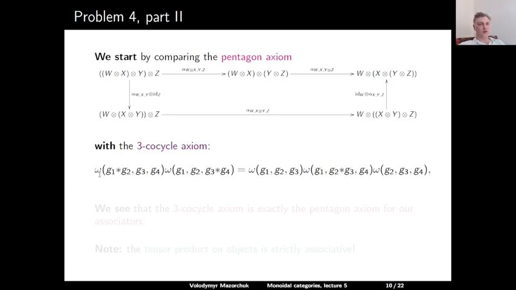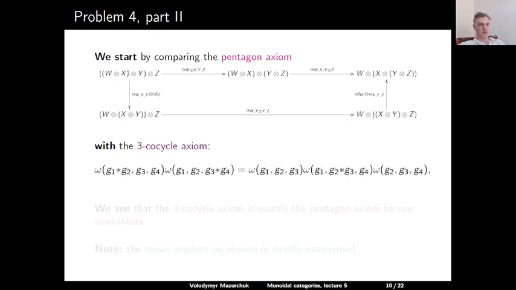Then the value of omega at g1 times g2, g3, g4 is exactly the additional factor in our definition for the associator for W tensor X, Y, Z. Now here we have the associator for W, X, and Y tensor Z, and this corresponds to this factor omega of g1, g2, and g3 times g4. So this is the left-hand side, the path of length 2.